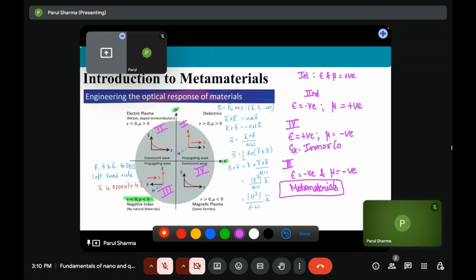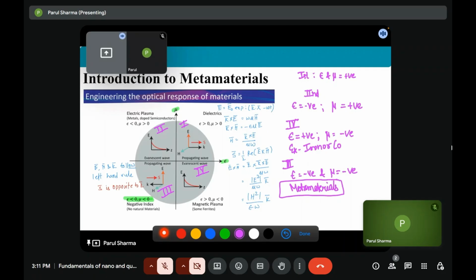We have to design and fabricate our structures such that we can have both the permittivity and the permeability negative. There is no natural material which inherently has these characteristics, permittivity and permeability both negative. So these are artificially engineered materials which we call metamaterials.